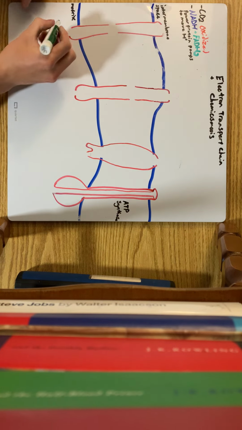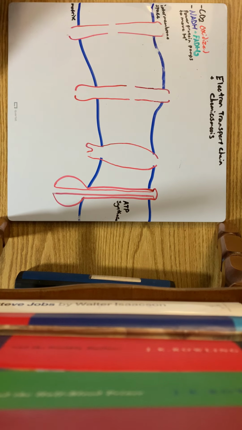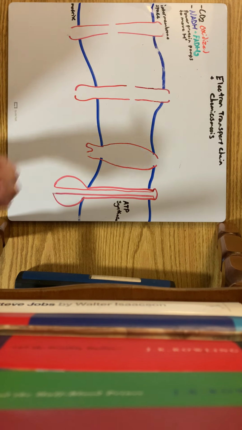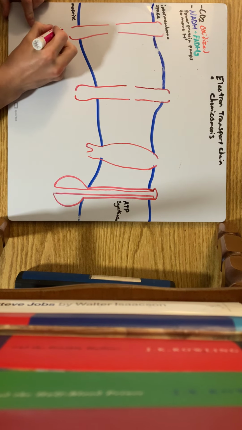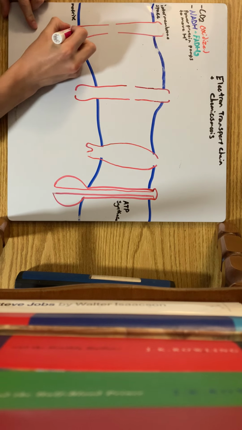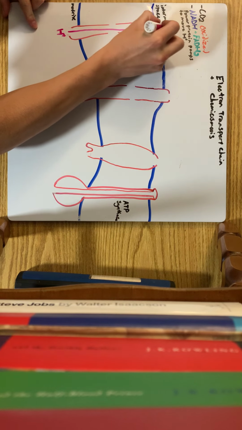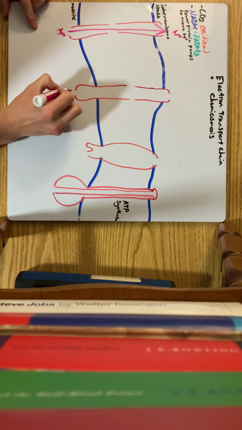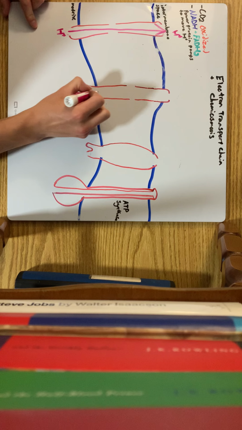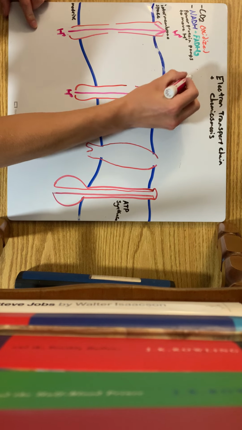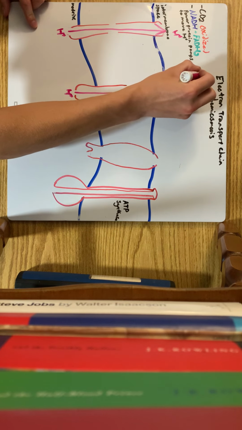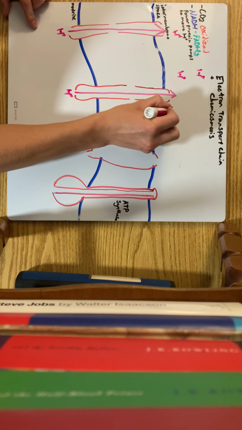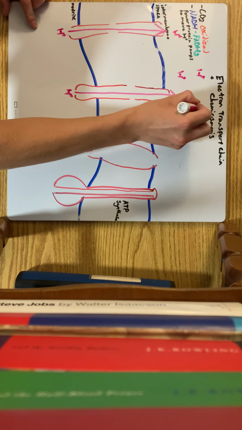So I'll draw that out now. So I'll use pink actually. Whoa, I just threw my marker. So we have hydrogen and it moves up and starts to fill the intermembrane space. So hydrogen moves up and this space becomes more and more filled with hydrogen.